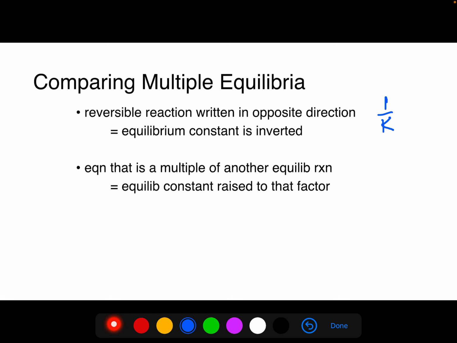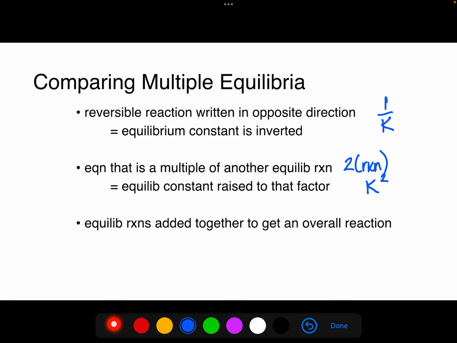So if our reaction was multiplied by 2, whenever we're trying to find the new K value, that K value is now going to be squared. So whatever that multiplication factor is, we make that a power to find our new K value.